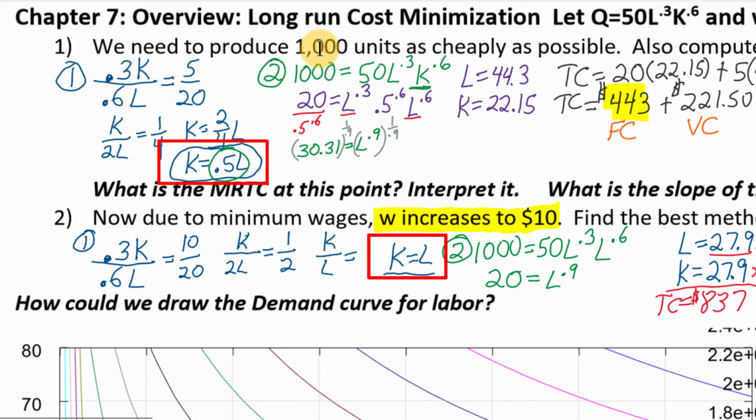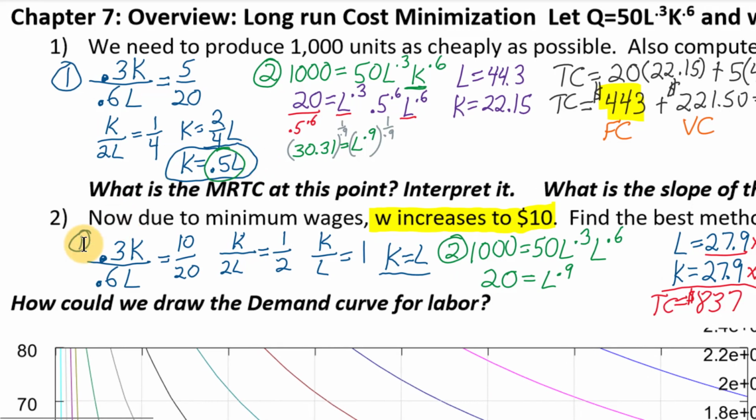In the first problem, where the wage was $5 and capital was $20, this equation says we would use half as many machines as workers. But when the cost of each worker or each worker hour increases, this equation, where we're looking at the slope of an isoquant equal to the slope of an isocost, simplifies into saying we should use more capital in relation to labor.